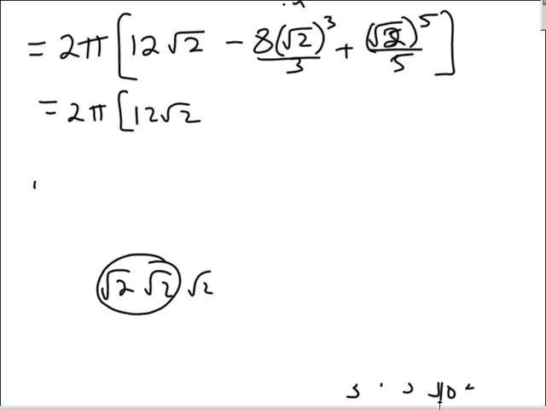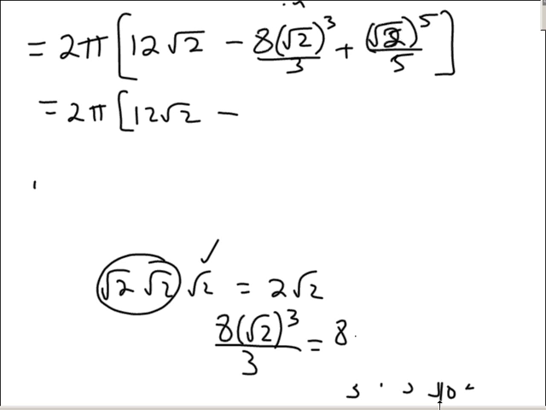Well, that's 2 times square root of 2. And we need to multiply square root of 2 cubed by 8 over 3. So we get 8 times 2 square root of 2 over 3.